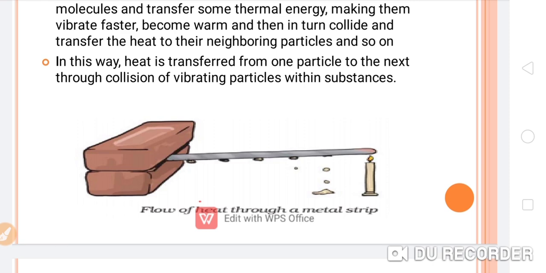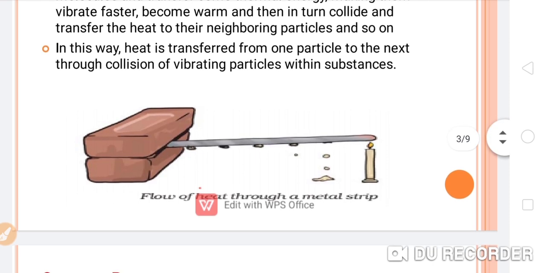The burning candle will provide heat to those particles which are over the candle. These particles absorb the energy and start vibrating, and these vibrating particles transfer their heat to the neighbor particles, and slowly those neighbor particles transfer the heat to other neighbor particles.